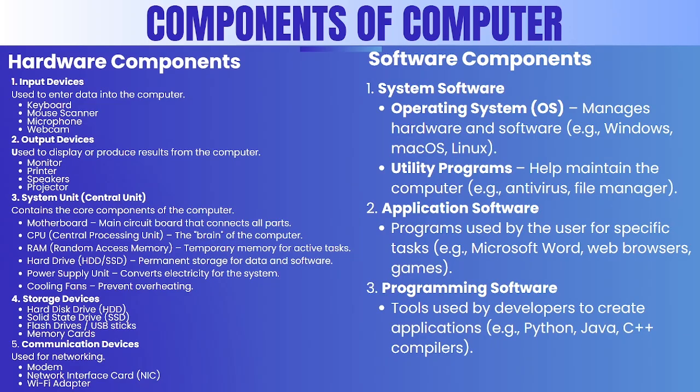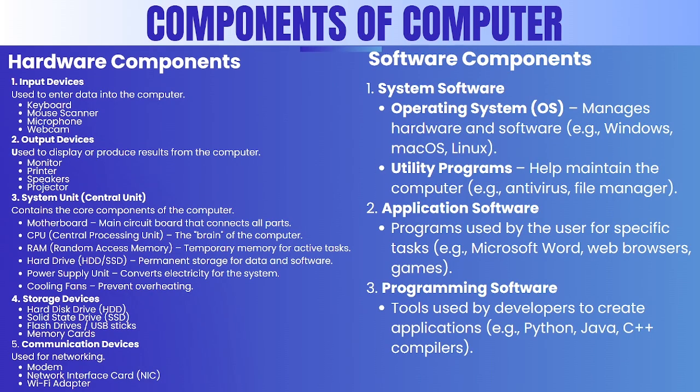In storage devices, we have hard disk drive, solid state drive, flash drives or USB sticks, memory cards, and others. Lastly, we have communication devices. Those are devices used for networking. In them, we have modem, network interface card, NIC, or Wi-Fi adapters.